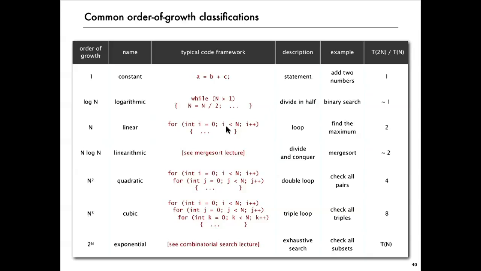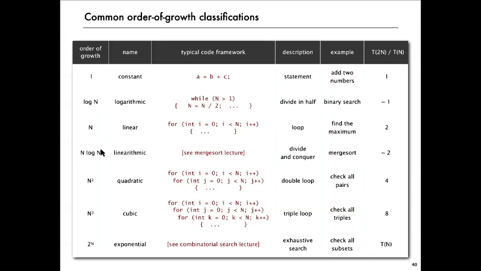If you have a loop where you touch everything in your input, then the running time is linear, proportional to n. A typical example of that would be finding the maximum or counting the number of zeros, our one-sum problem.